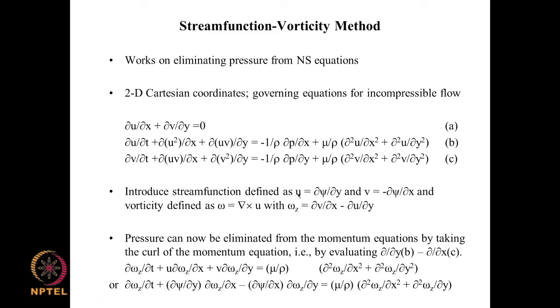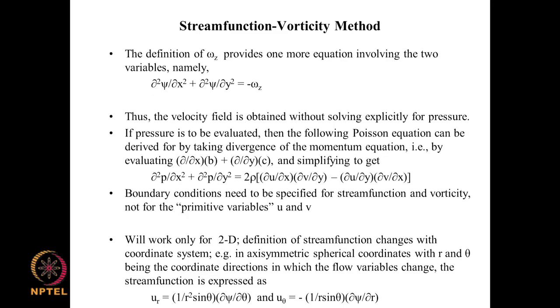You may know velocity u and velocity v, but how can you construct a boundary condition for psi on a given boundary? And similarly these things, and one has to spend time and thought on rewriting the known boundary conditions in terms of boundary conditions for psi and omega z.